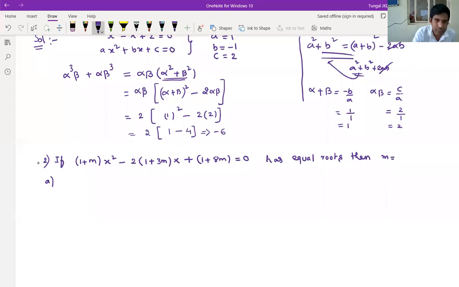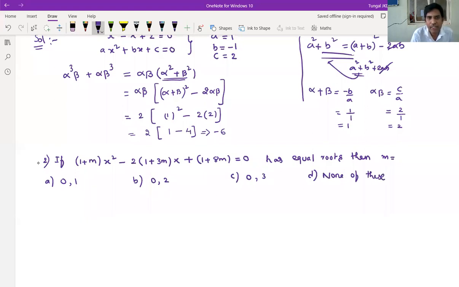The given options are 0, 1; second one 0, 2; third one 0, 3; fourth one none of these, nothing but the three options are wrong.